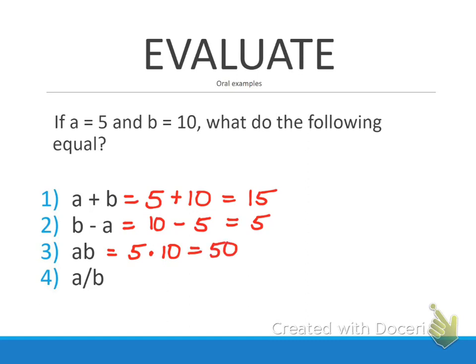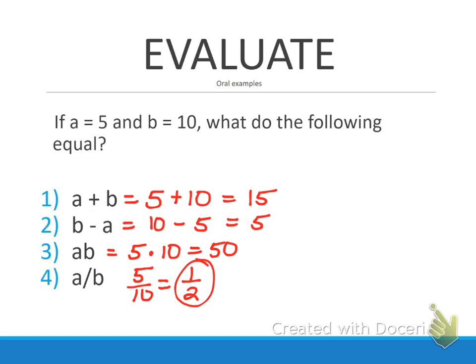And then A over B. So we have 5 over 10. What does that equal? Can we simplify it? Yes. To what? 1/2. Very good. Divide each one by 5. Okay, so that's really all it is. You're substituting a number in where the letter is, and then you're solving the problem.